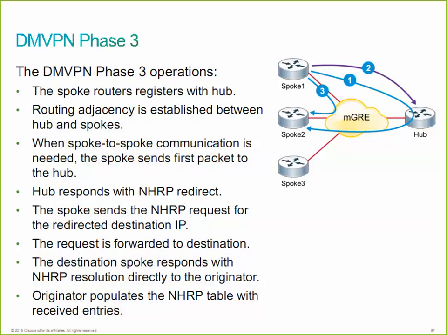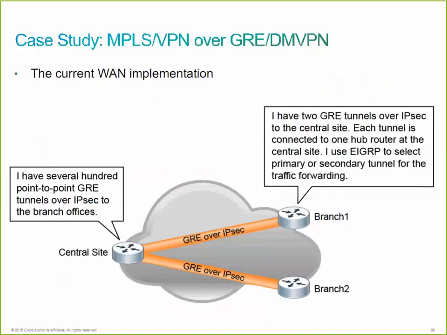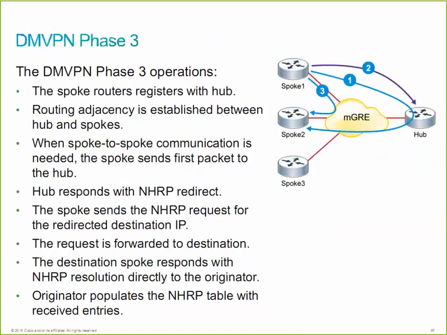And when that response goes back to the originator, it now knows the outer IP address of the destination. It rewrites the NHRP table with the correct information that stays cached for a period of time, and so on. So what I described was this diagram here, right, of step 1, step 2, step 3.